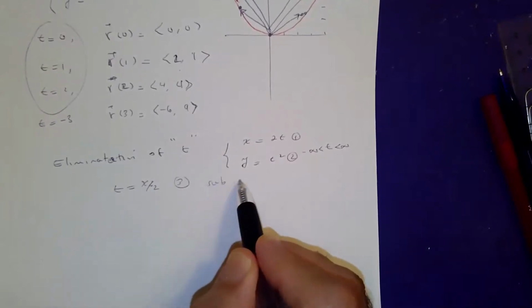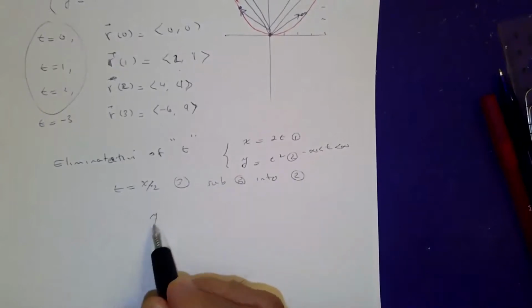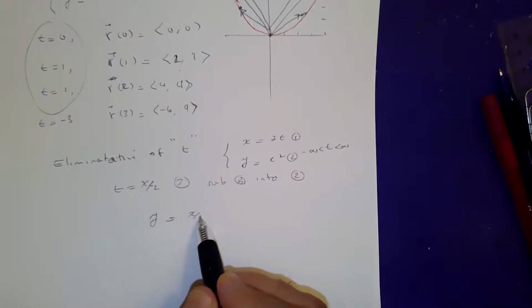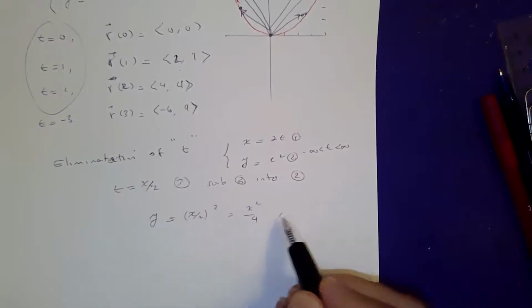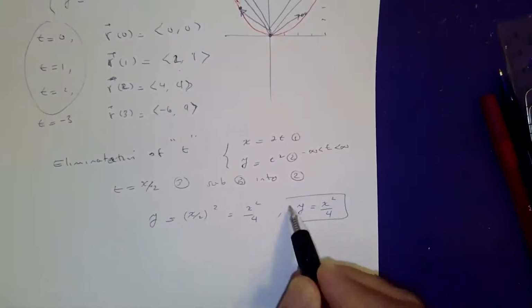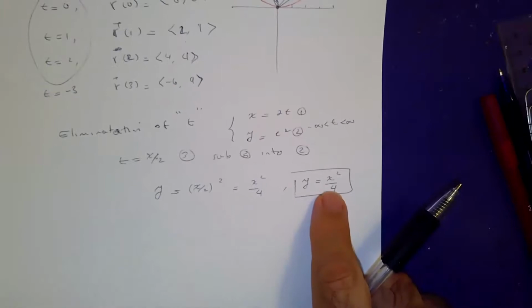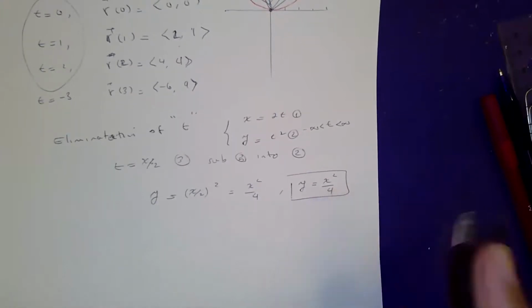Now substitute 3 into 2. So you get y is equal to x over 2 squared, which is x squared over 4. In other words, you are graphing this equation. You and I both know that's a parabola whose vertex is at the origin and it opens upwards because it's positive x squared.